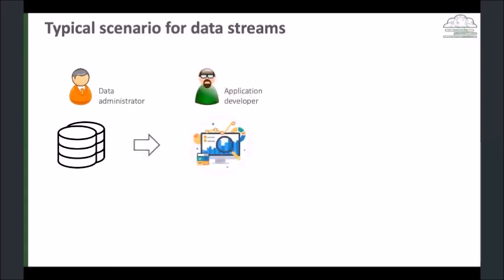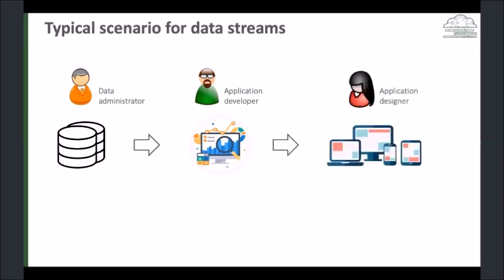And we have an application developer that, based on the data made available by the data administrator, is able to create an application that analyzes the data. And then we have what we call the application designer, the person in charge of consuming the result of this analysis in order to create one or more applications based on that.